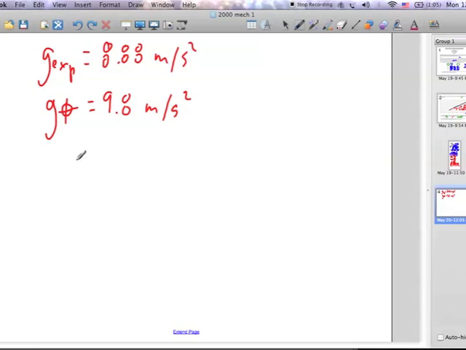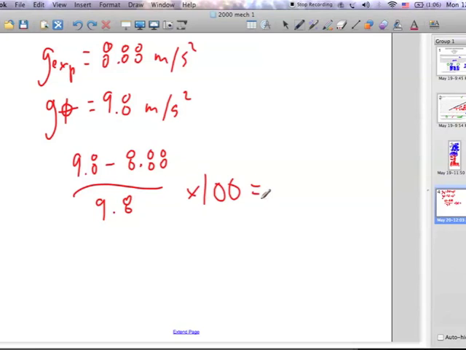And so 9.8 minus 8.88, over 9.8, times 100 equals 9.36% error.